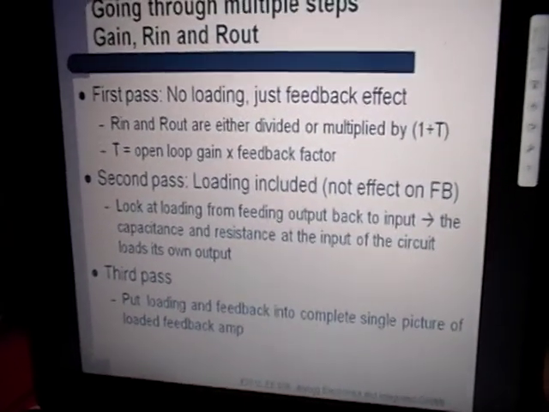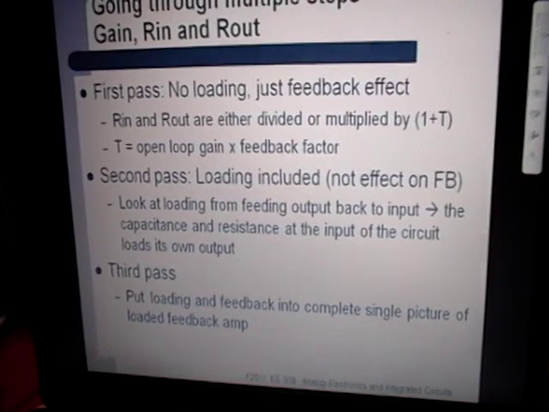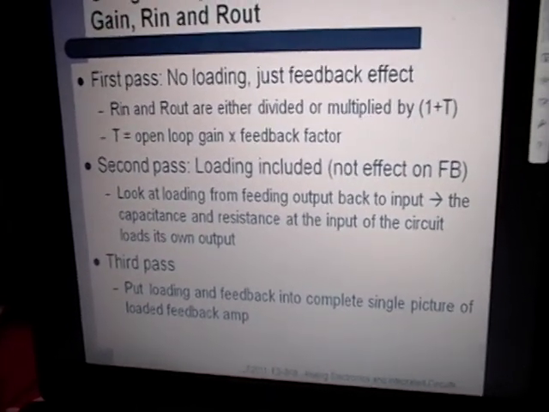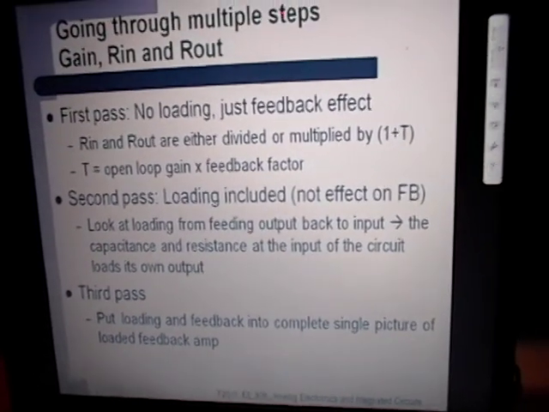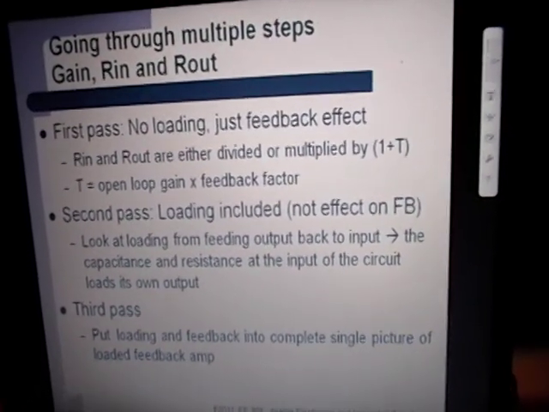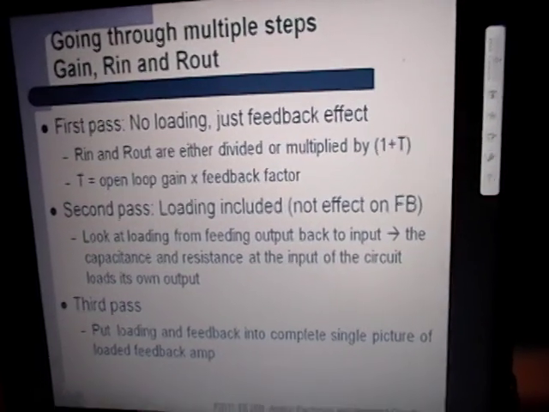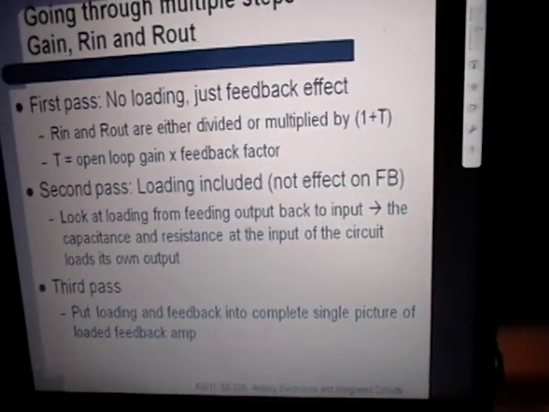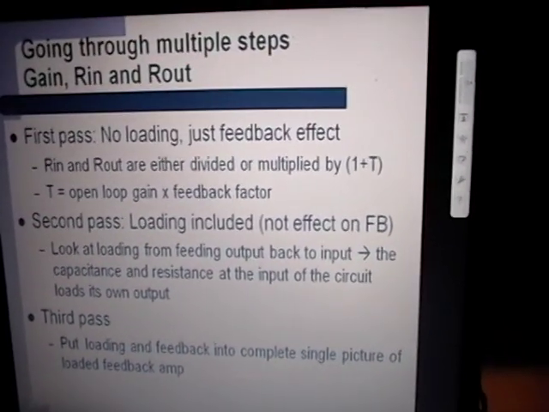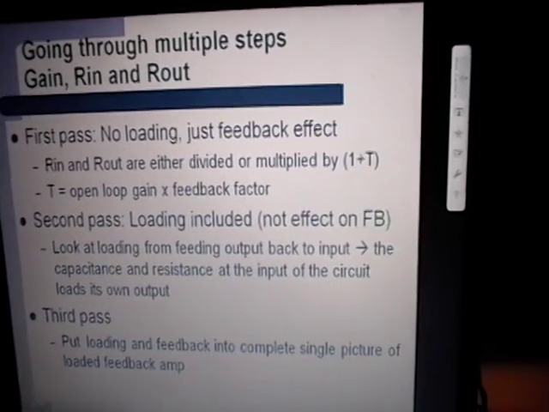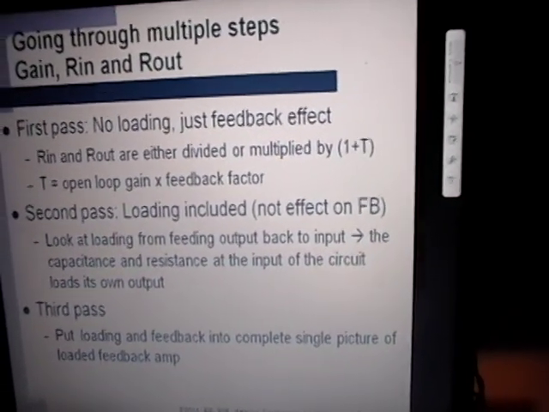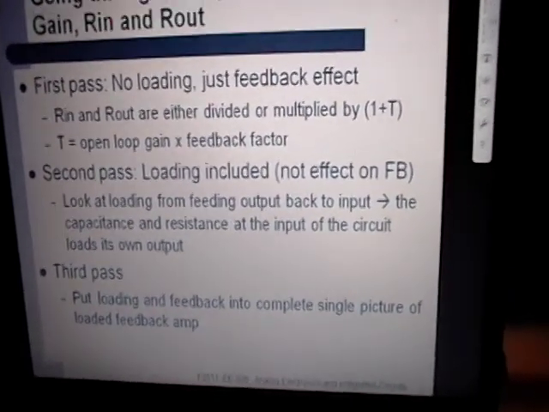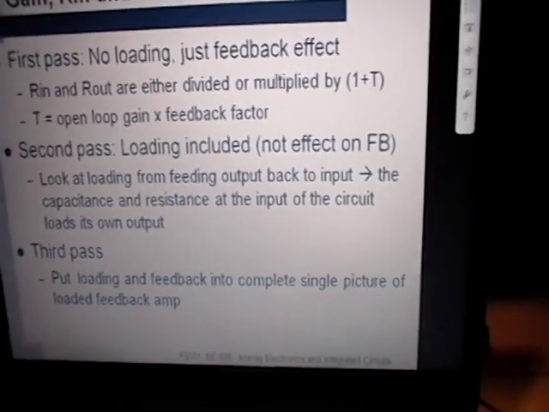In the first pass, we are just going to look at just the feedback effect, and that's that 1 plus T. I'll show you that it is in fact the R in, R out gets either multiplied or divided by 1 plus T, and the gain gets divided by 1 plus T. Okay, in the second pass, we're going to kind of forget about that 1 plus T, and we're just going to look at what feedback does to your amplifier. And in the third pass, we'll put them both together.